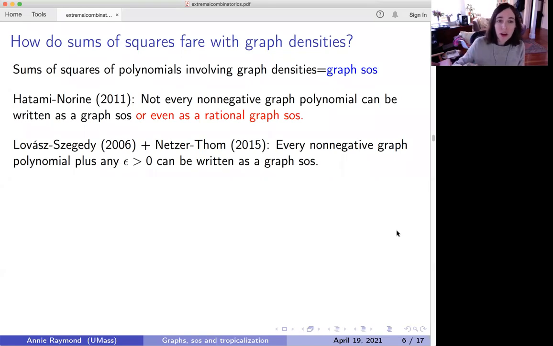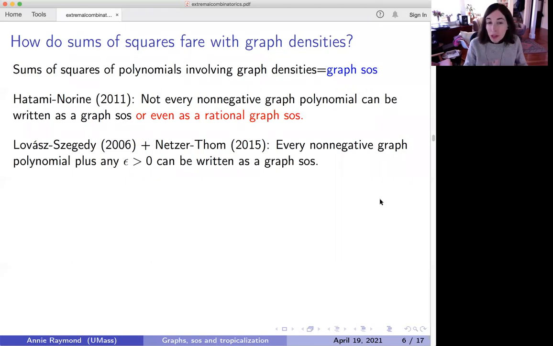So if you're willing to go approximately, then you will be fine. Just like in the case of the Hilbert result, this proof was a bit more constructive than Hilbert's proof, but certainly you couldn't come up with any example that would ever show up in extremal combinatorics that you would ever want to show as being true.